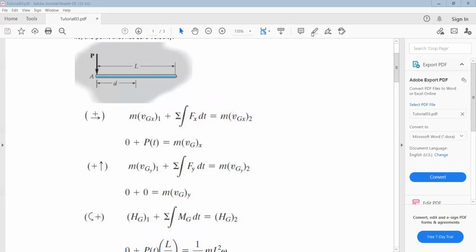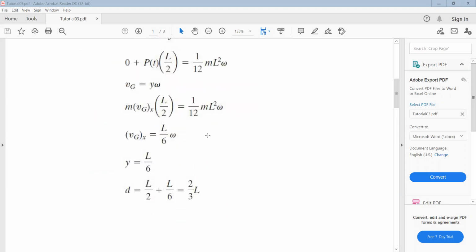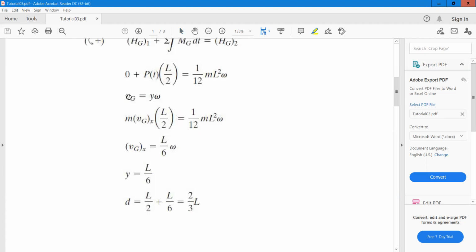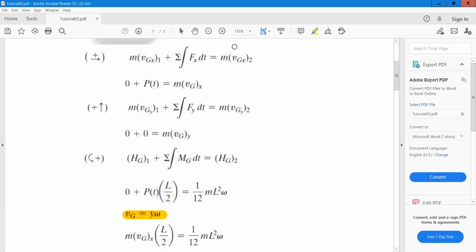This length, for example, if this is point C, this length is equal to Y. Okay, so VGX is equal to Y times omega. So we use this equation for VG. We can substitute into equation 1, which is Pt equal to M times VGX.